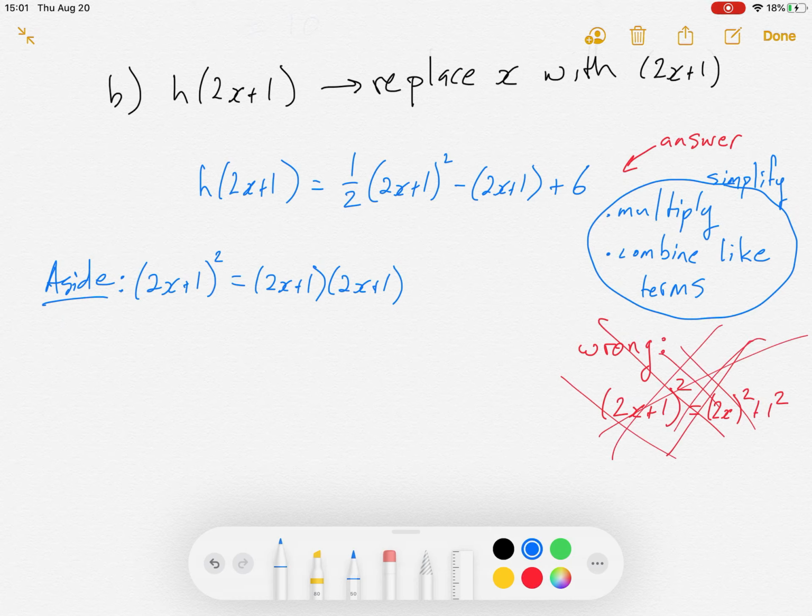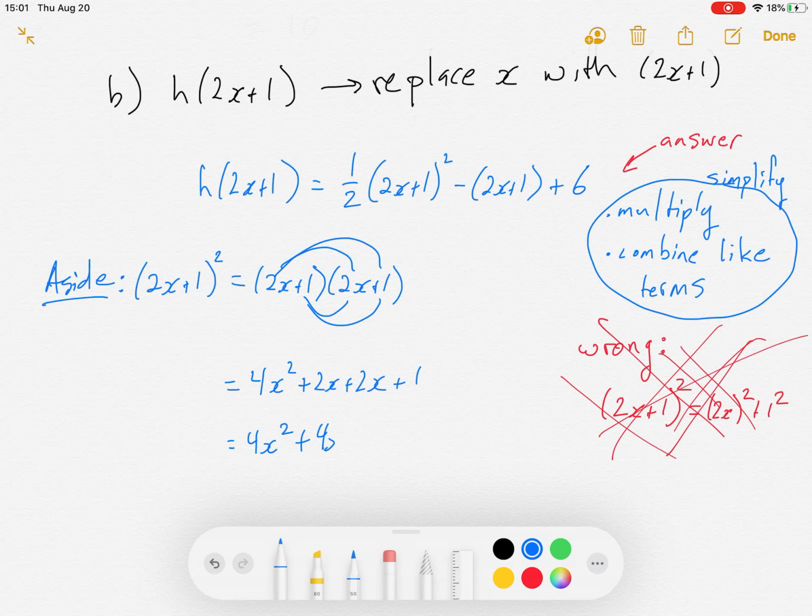Okay, anyways, back to the actual problem. So we do 2x plus 1 times 2x plus 1. You go like this, right? You multiply it, you distribute those numbers to each of the other ones. Sometimes this is called FOIL, which is fine. So I get 2x times 2x is actually 4x squared. 2x times 1, another 2x times 1, and then 1 times 1.